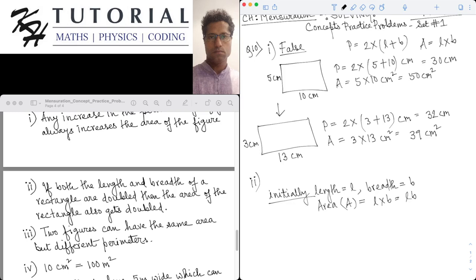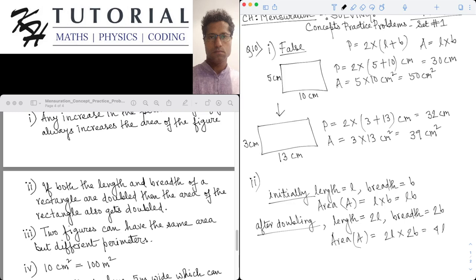Now after doubling, by doubling I mean after the length and breadth are doubled, the length is twice L and the breadth is twice B, and the area A is twice L multiplied by twice B, which is 4LB.